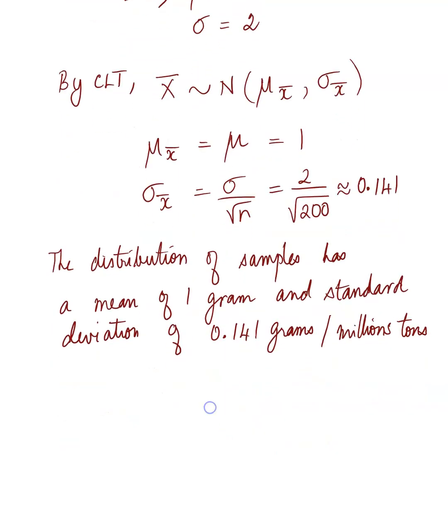So we have that, and if you were to show it in symbols, it's going to be 1 comma 0.141.